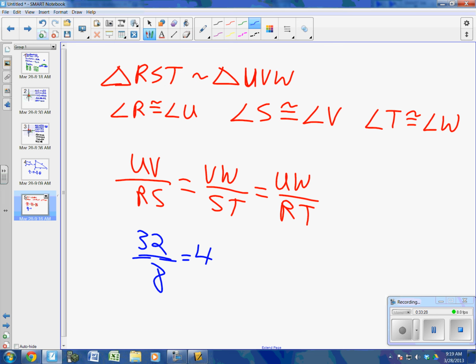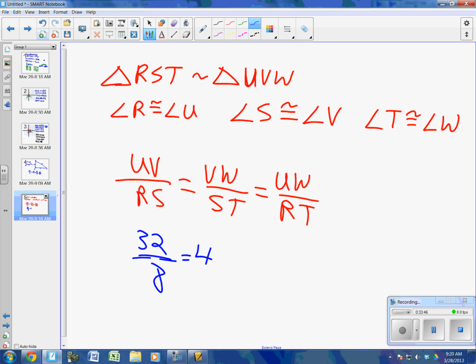Why not? Yeah, because we went from the small triangle to the big triangle, and then the big triangle to the small triangle, didn't we? If you do RS over UV, you have to do ST over VW, right? Instead of VW over ST.